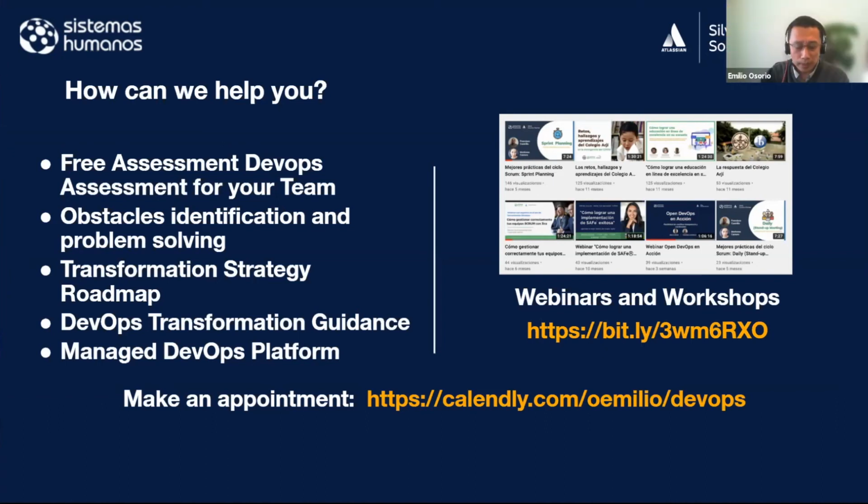Sure. Just to be consistent, I think the first thing you should do to begin or to unblock your DevOps transformation is assess where you are. And I know if you're working in a big corporation, it's going to be very hard to get funding.